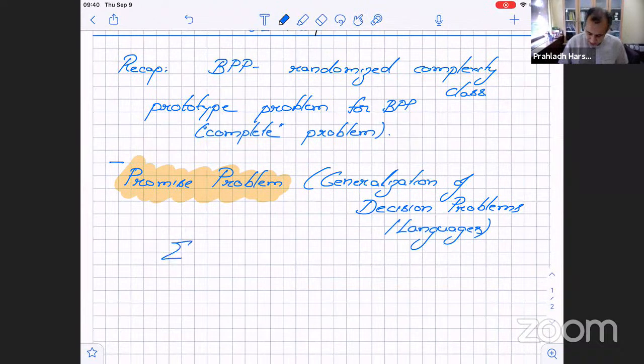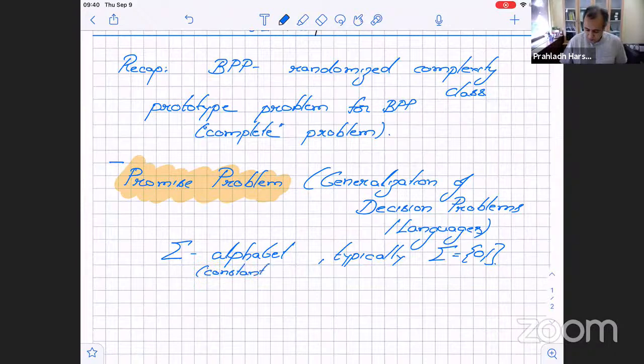Let sigma be the underlying alphabet. It must have at least 2 symbols. Typically, we will usually be working with the Boolean alphabet, but all of this works for any constant sized alphabet. And what was a language? The way we defined a language was just some subset of sigma star. We took sigma star and some subset of it was a language. These were what we wanted the algorithm to say yes on, and on everything else we wanted it to say no.